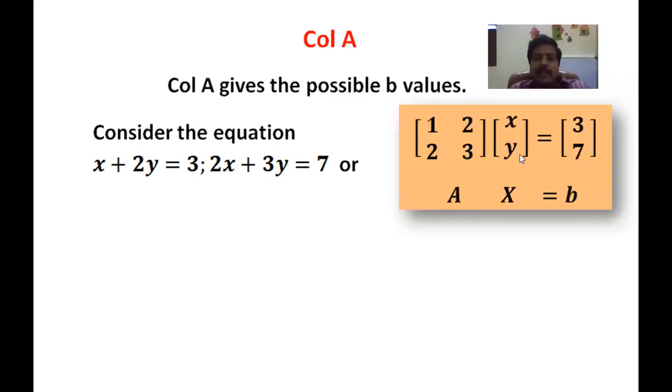This is my A and this is my X, that is equal to B. We have seen that this is solvable, and we found the solution for x and y earlier, 5 and 1 or minus 5 and 1.